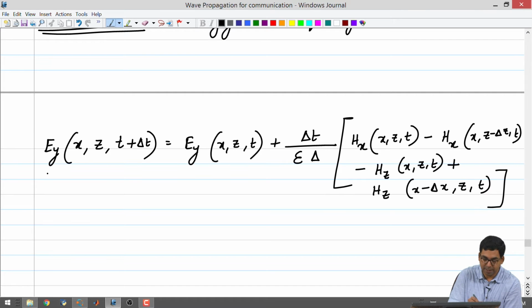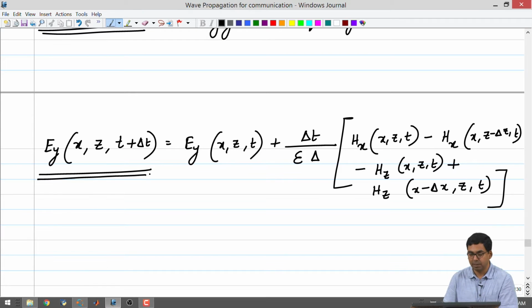So, for getting the electric field at the next instant of time, I will need to know the present value of the electric field, all right, and magnetic field at different positions at the same instant of time, and then I have to code this expression in the program for managing this particular curl equation.